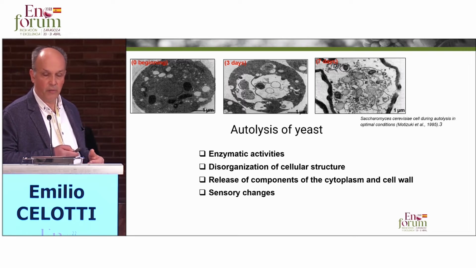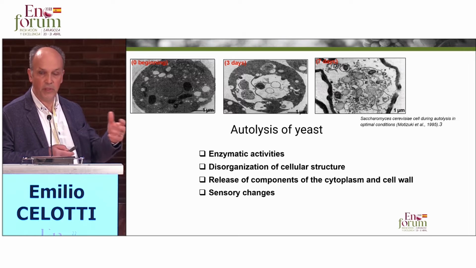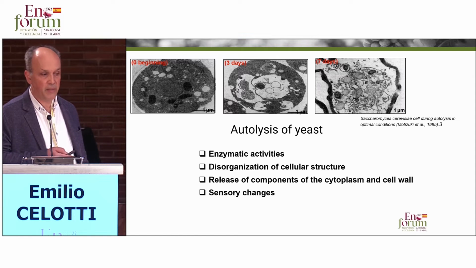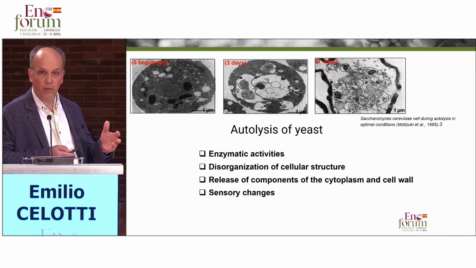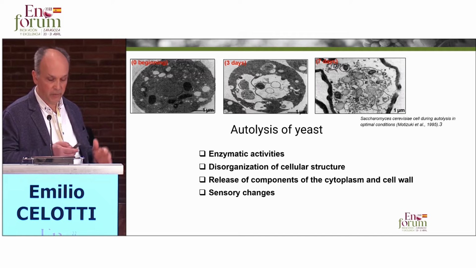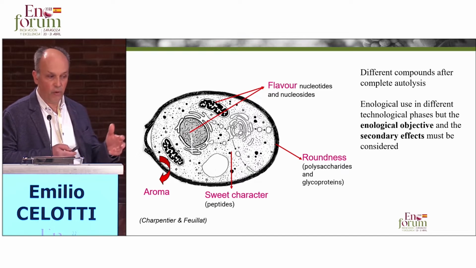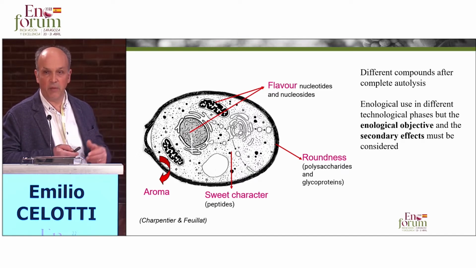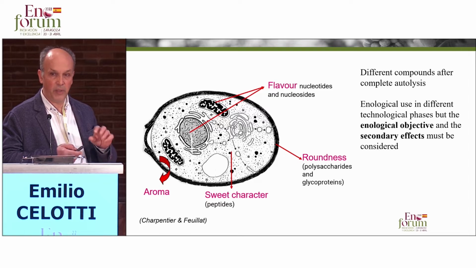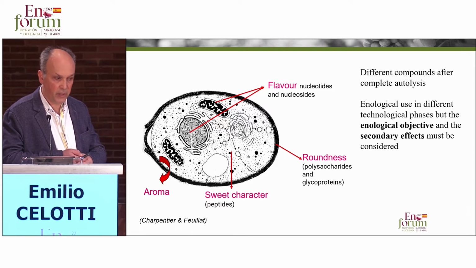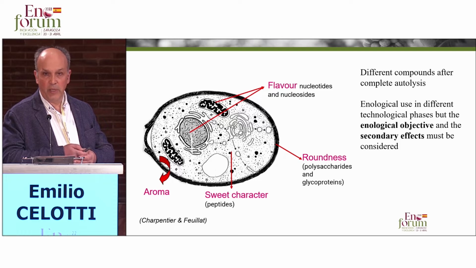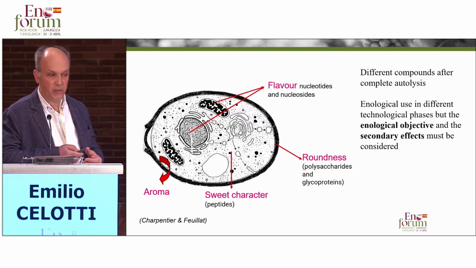So we know that using autolysis, our colleagues from the University of Dijon already told us regarding autolysis of yeast, we have different substances due to the enzymatic activities. We have an enological impact that is significant. The cell walls, we have polysaccharides and glycoproteins, peptides and proteins are extracted that are the target of these products.